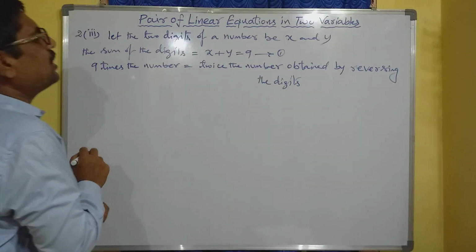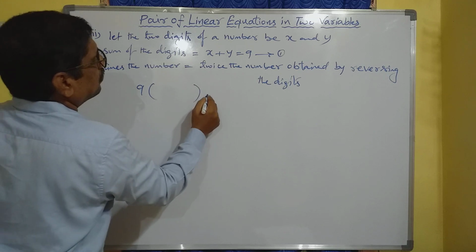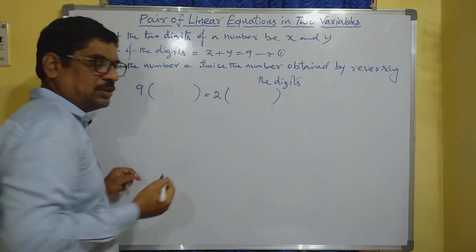So as per this condition, we can write 9 times means 9 into the number is equal to twice means 2 times the number obtained by reversing the digits.